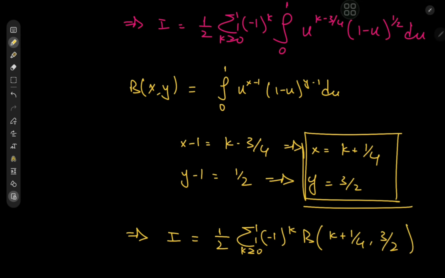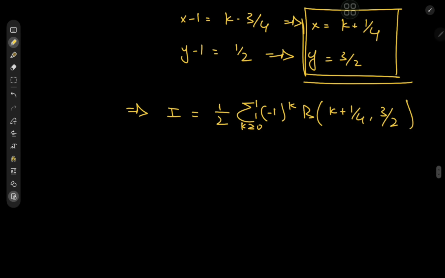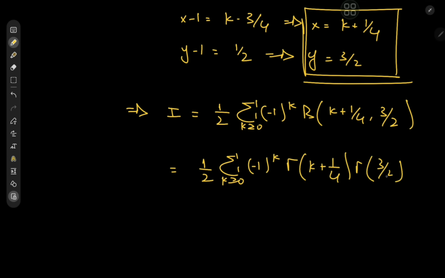And now, of course, we plan to apply the relationship between the beta and the gamma function. So we have 1/2 the sum over k of negative 1 to the k times gamma of k plus 1/4 times gamma of 3/2 divided by gamma of k plus 1/4 plus 3/2.